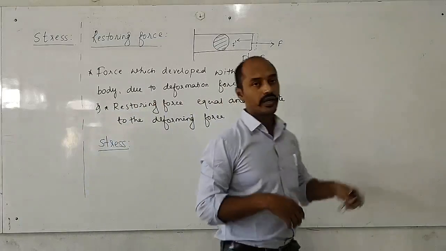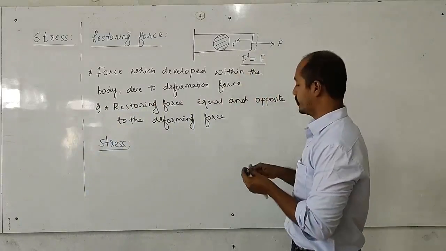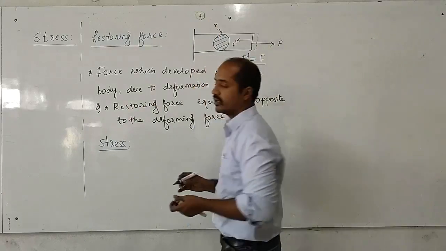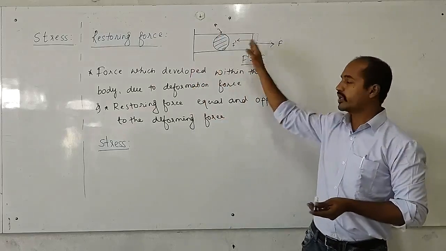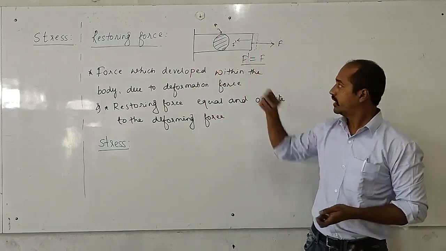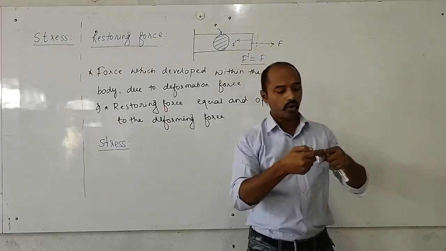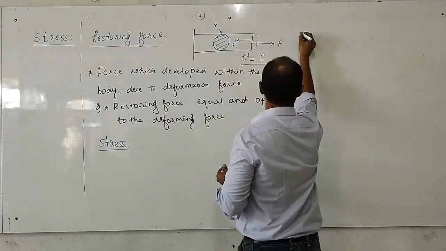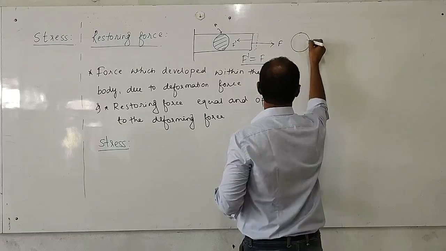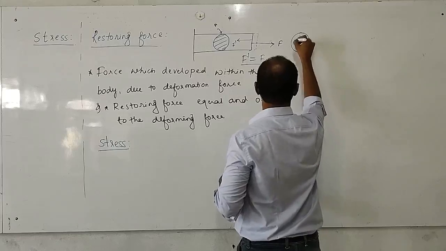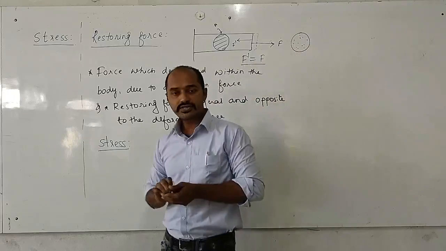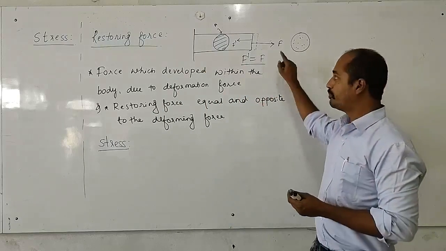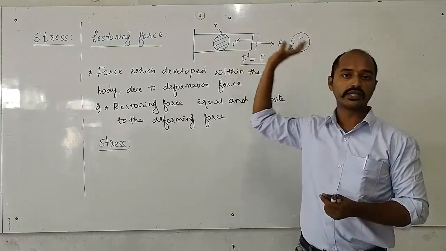When you apply the force of 20 Newton, and the cross section area is A, then the restoring force is also 20 Newton. The restoring force is applied over the whole cross section. Then stress is the restoring force per unit cross section area of the material.